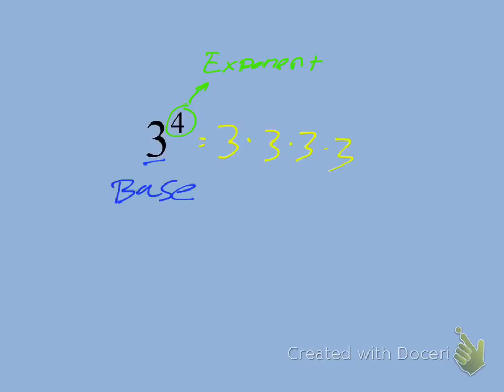Okay, 3 to the 4th, you have 3 as the base, you have 4 as the exponent. What it tells you to do is to take the base and multiply it by itself the exponent number of times, right? 3 times 3 times 3 times 3. Makes sense? We've done 3 squared, you just did 3 times 3 is 9, done, no big deal.